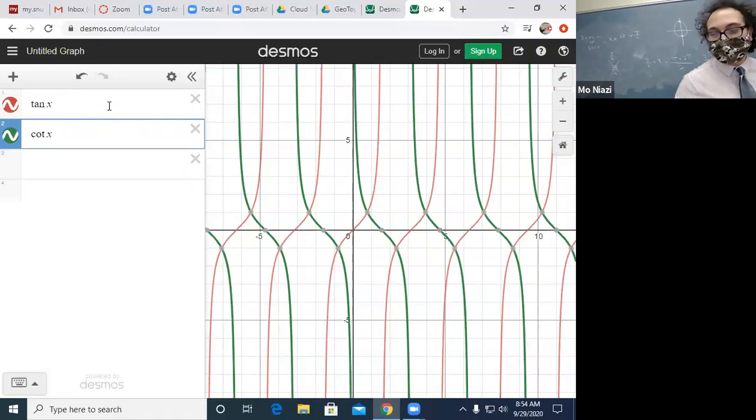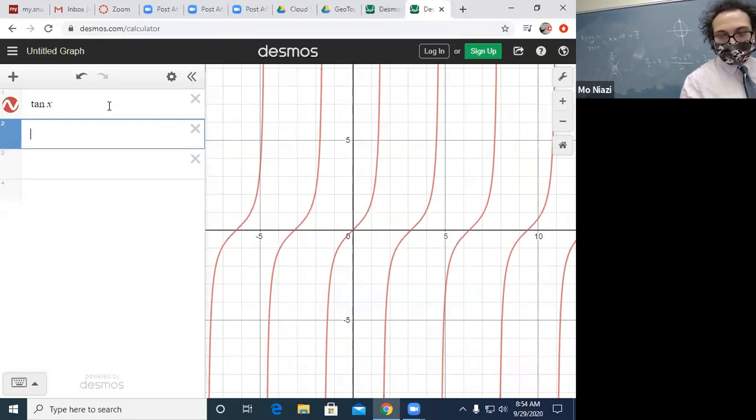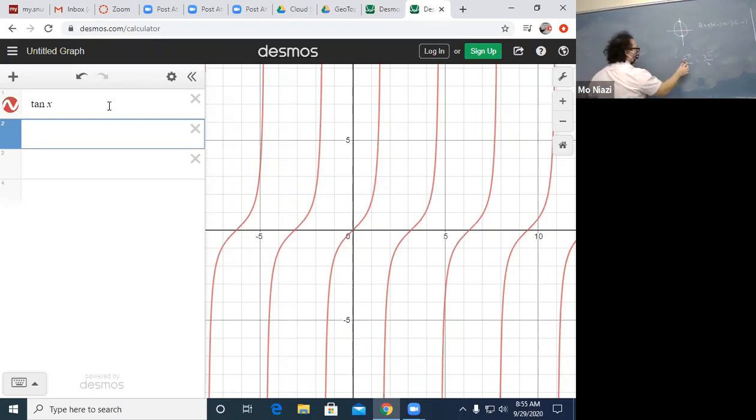Yeah, we'll see why that happens. It's really cool. We'll first address tangent. Why does tangent look like that?